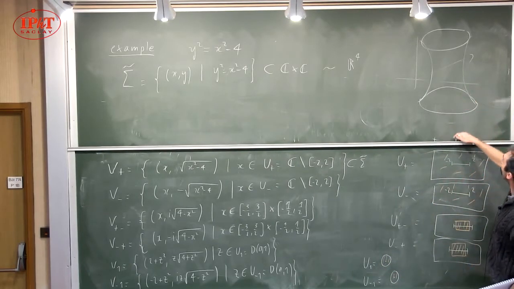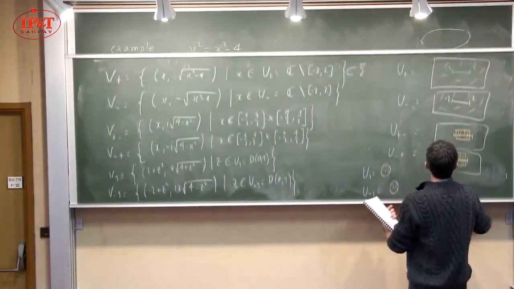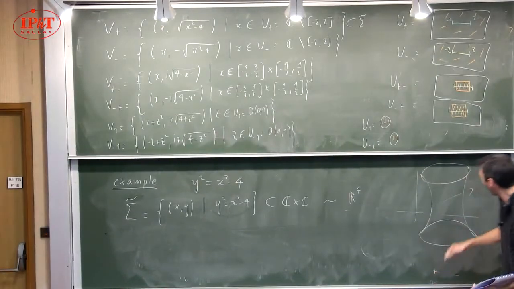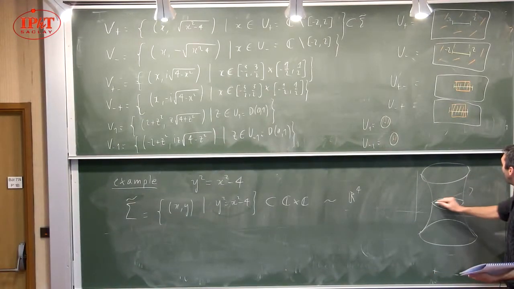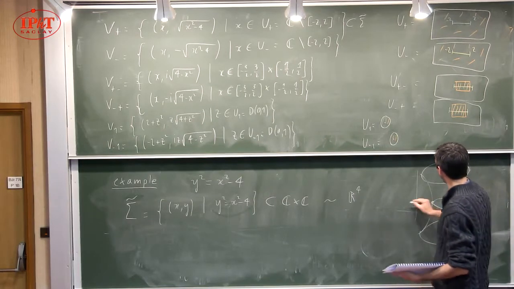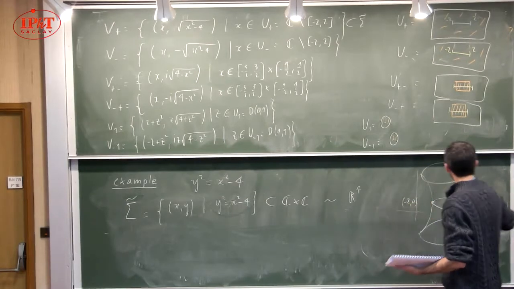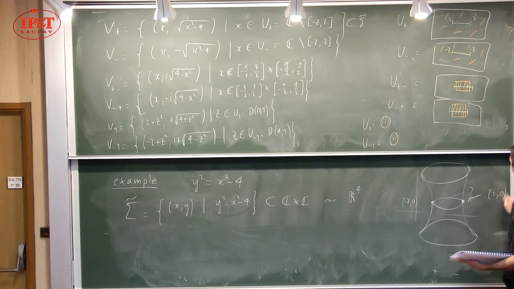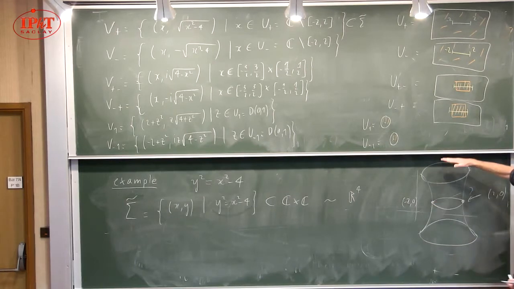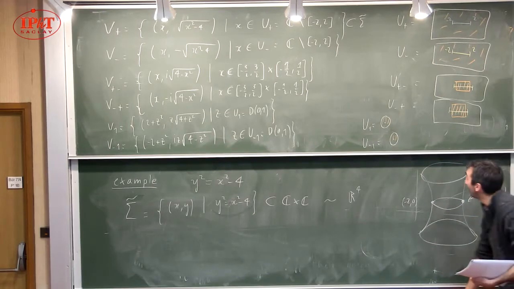So if you look at what all those labels are on my sigma tilde, there are two special points: this point is the point minus 2, 0, and this point is the point 2, 0. Somehow U plus is everything above this circle, V minus is everything below that circle.